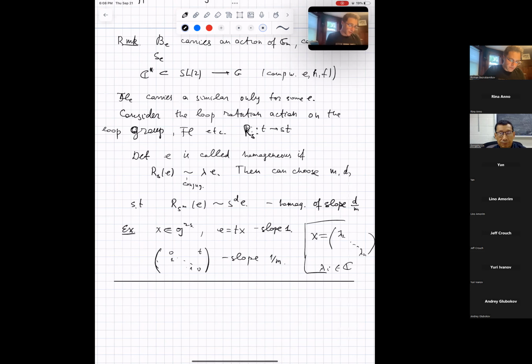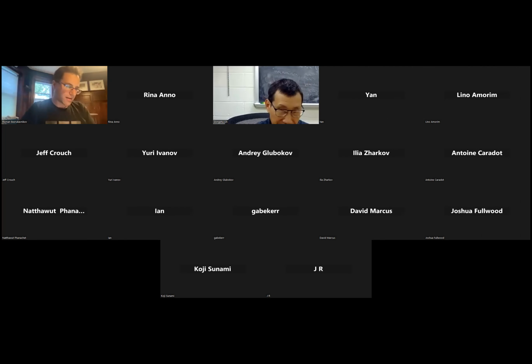In general, because of the infinitely many components, it's an ind-variety, M_E. Let me finish the sentence. So it's an algebraic symplectic variety, M_E, where full E is a Lagrangian subvariety.